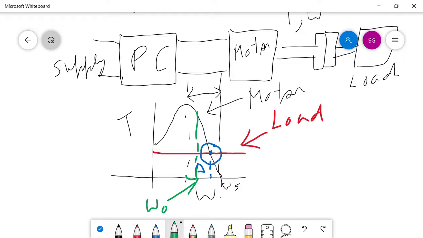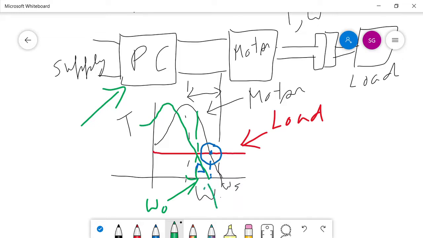So what will happen? This power converter will change the frequency of this motor such that the new induction motor torque will be like this. This is at a different frequency, mind you.